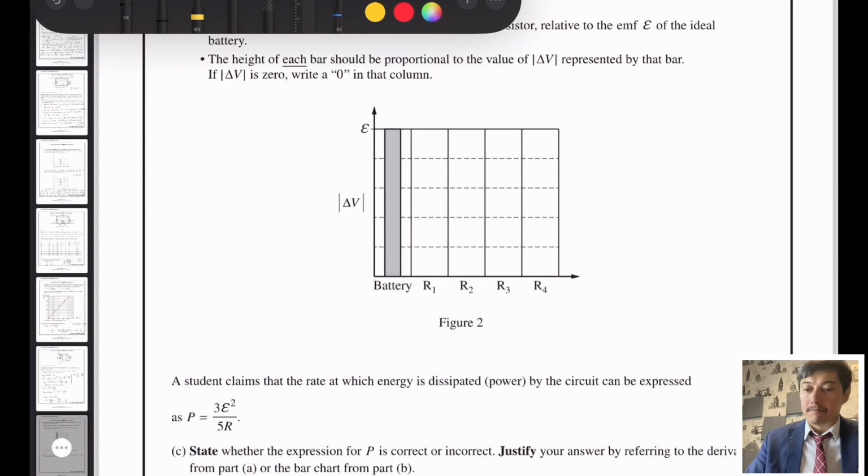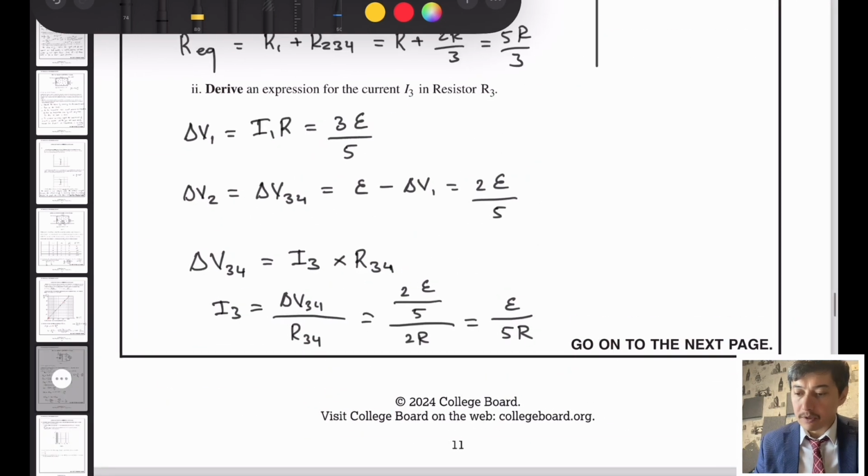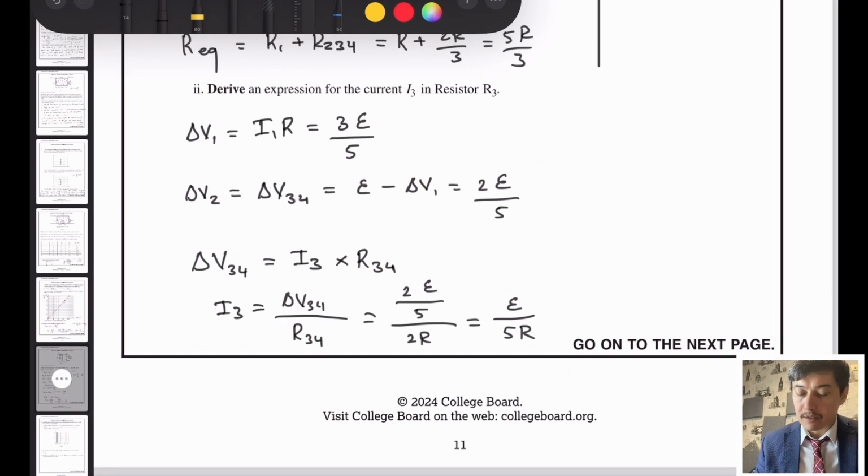Now, earlier, we already found what is the potential across resistor 1, resistor 2, and 3, 4 combined.